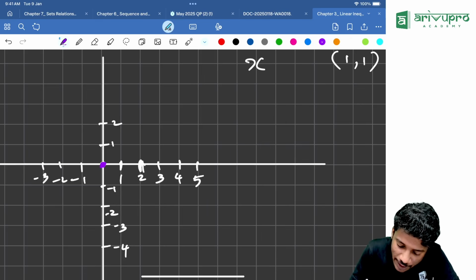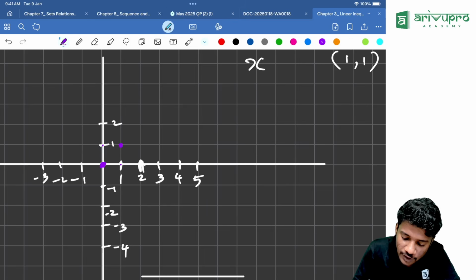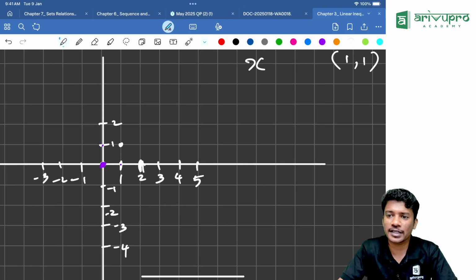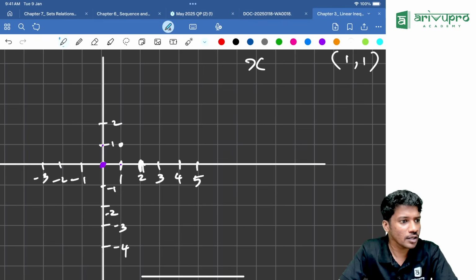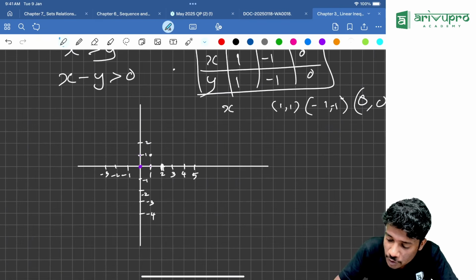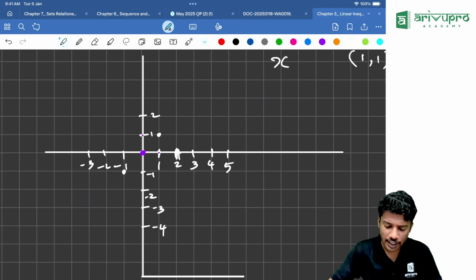That means x value should be 1. Similarly, y value should be 1. That means their intersection point. You remember plotting like this in college or school? Yes. Now, minus 1, minus 1. x value will be minus 1. y value will be minus 1. Now, the graph looks like what?